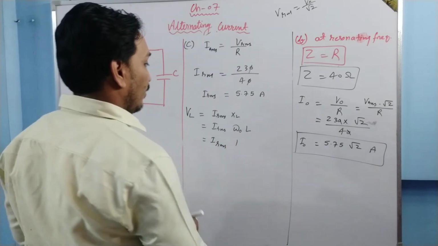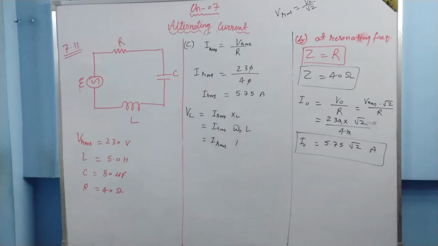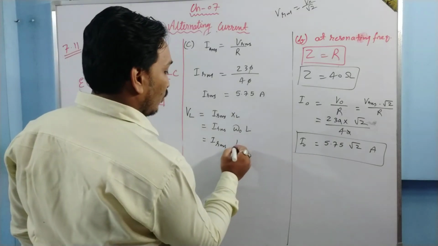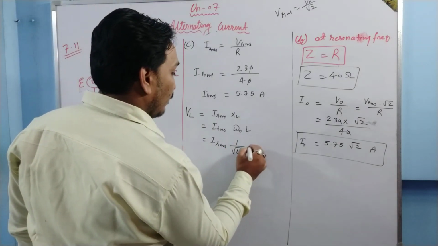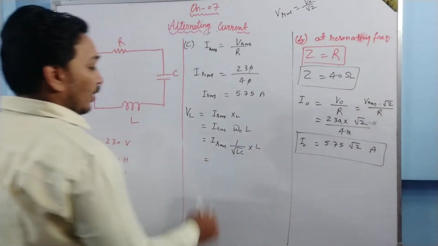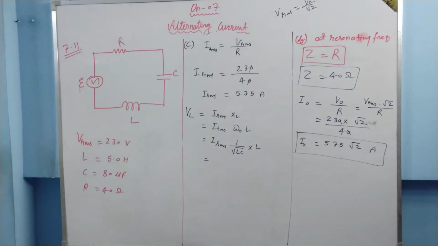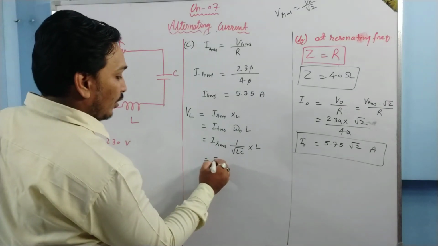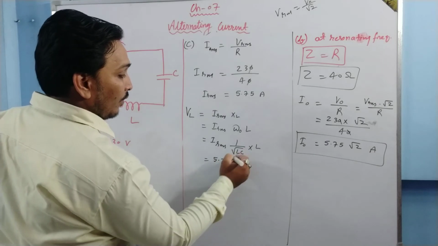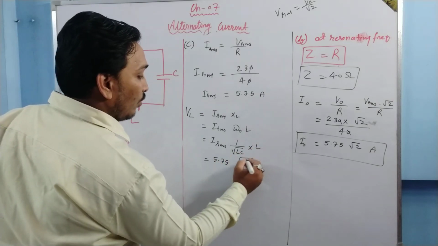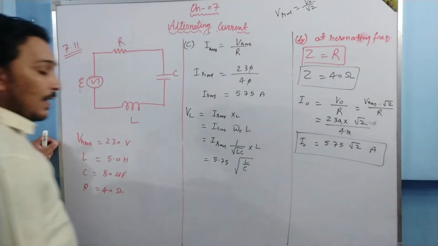We have calculated it, but I have removed it, so let us calculate it once again. The value of omega naught is 1 upon under root LC, multiplied by L. Now the value of IRMS is 5.75. If we cut this L, we are going to have under root L upon C.